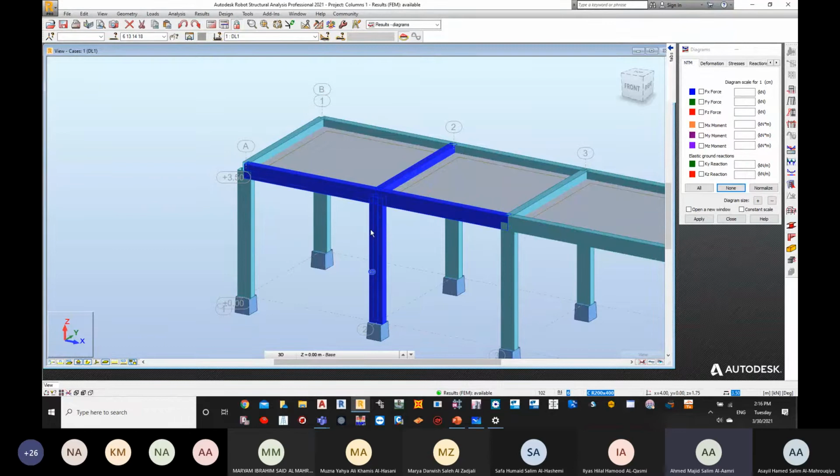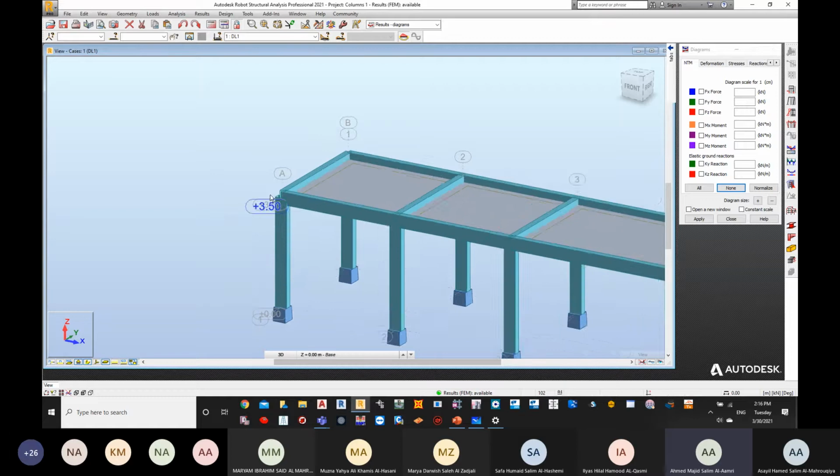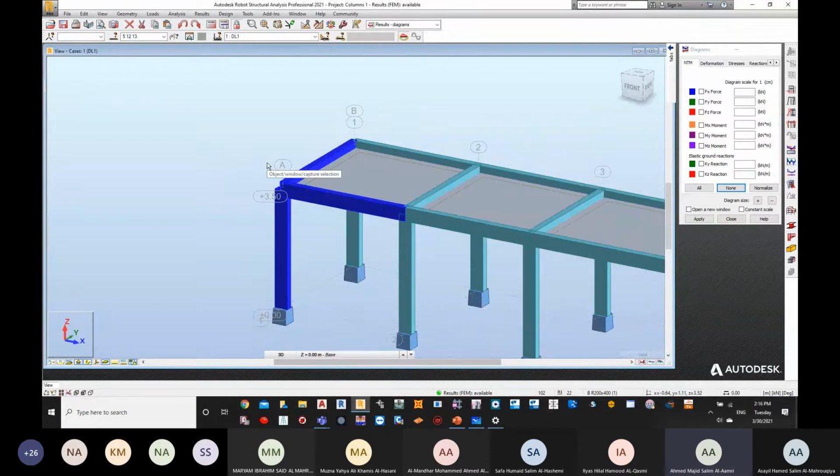So this column is going to take the reaction of beam 1, beam 2, beam 3, and its own self-weight. Here, for example, it's going to take 2 beams only, since 2 beams are attached to the column itself. Are we clear about the concept of getting the loading for the column? Are we fine with it?